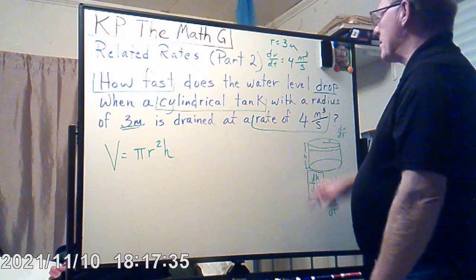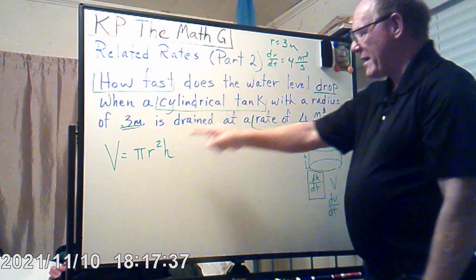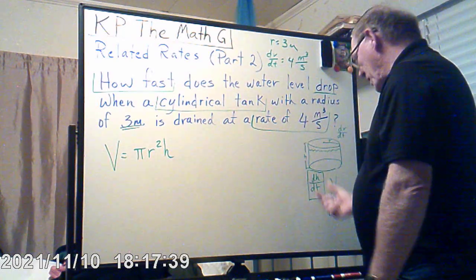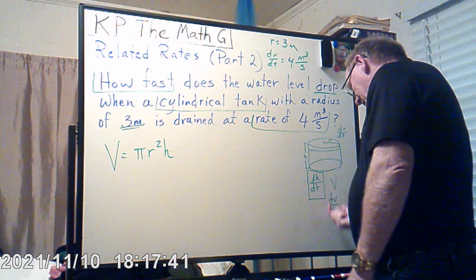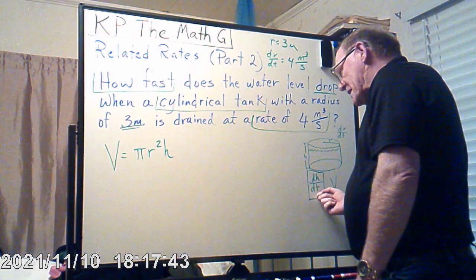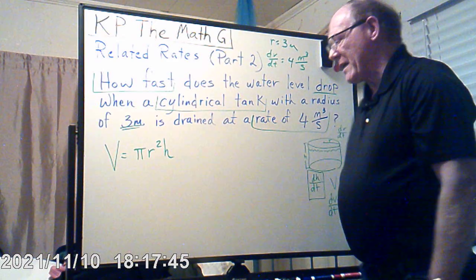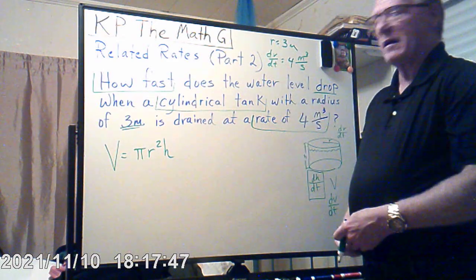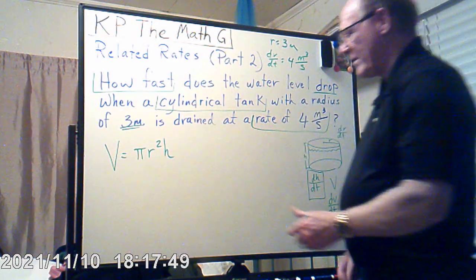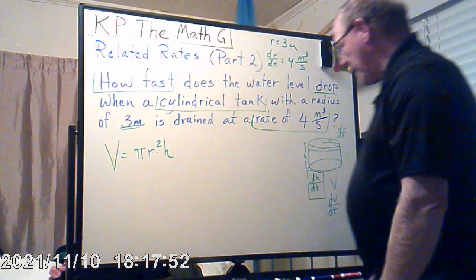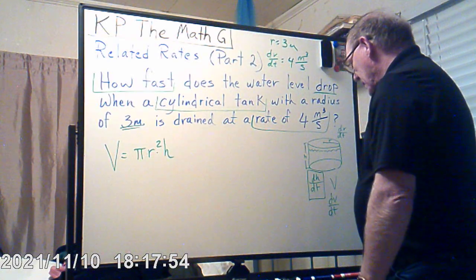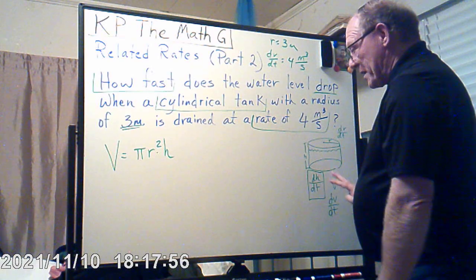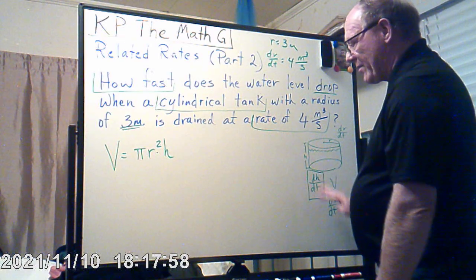Some people will go ahead and plug the radius in, since we are looking for dh over dt. They'll go ahead and plug that in, but I'm not going to do that. I'm going to go ahead and take the derivative altogether. Hopefully we won't have to erase this, but it appears that we may have to.